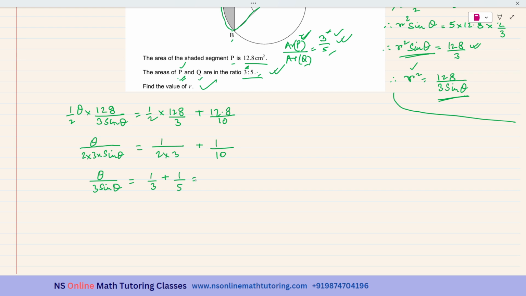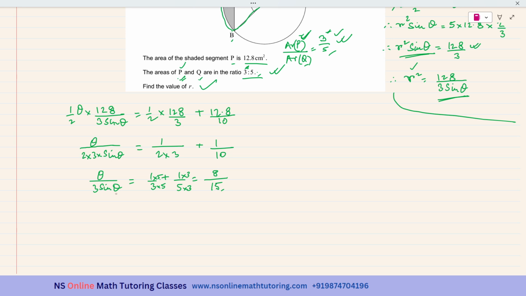The LCM will be 15, so the numerator is 1 times 5 plus 1 times 3, which is 8.